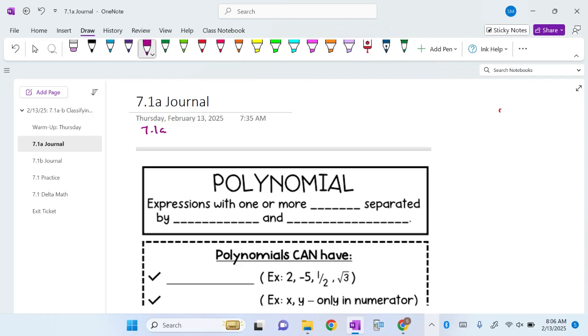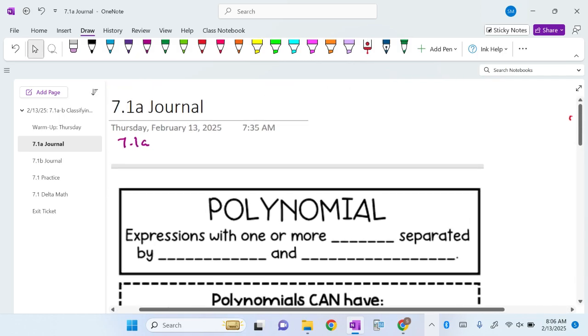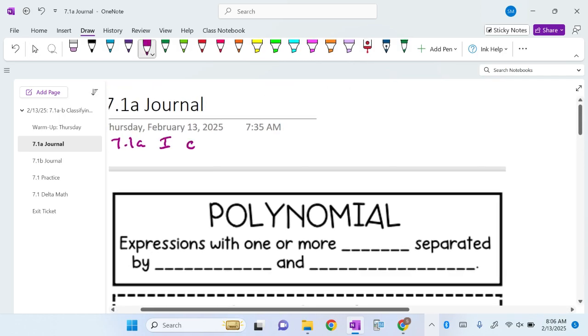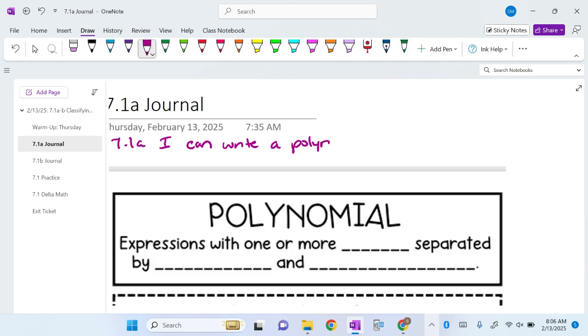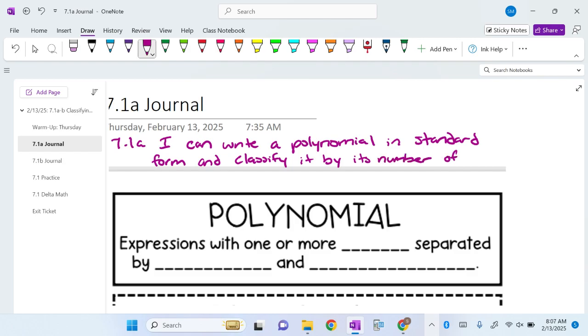So 7.1a's I can statement is: I can write a polynomial in standard form and classify it by its number of terms and degree.